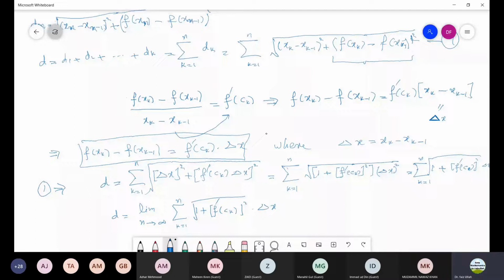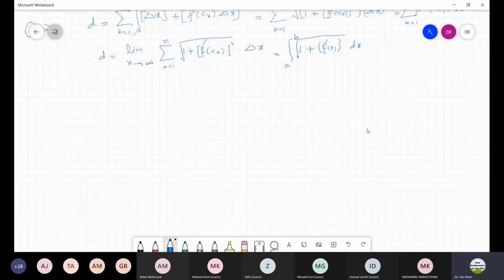And we know that if we take these limits, the right hand side is equal to the integration from a to b of the square root of 1 plus f'(x) whole square into dx. So that is the required formula to find the arc length of the curve.